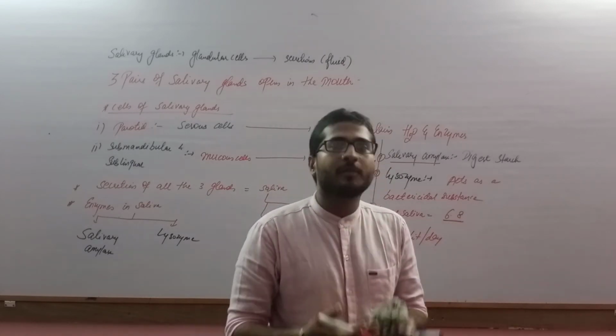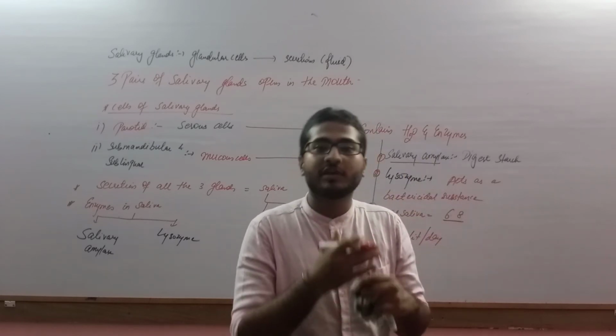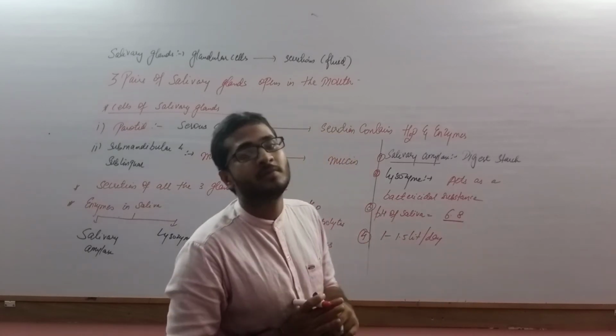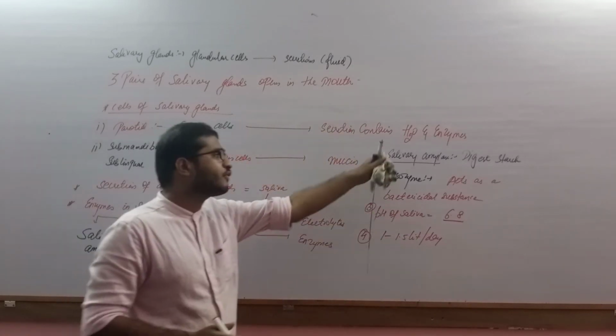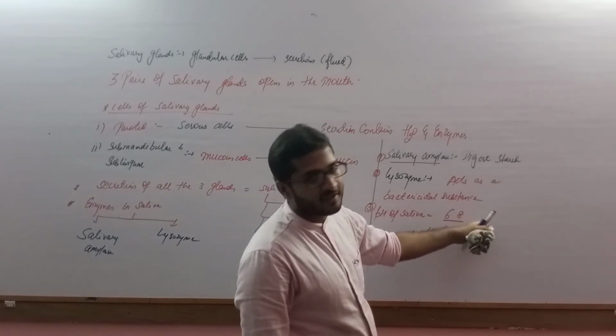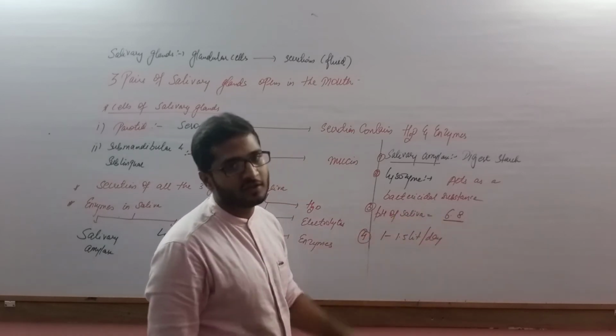Optimum pH means the pH at which salivary amylase's effect is maximum. That means it will initiate the digestion and complete the digestion to its maximum level. That is the meaning of optimum pH. The optimum pH of salivary amylase is 6.8, and that's why pH 6.8 is set as the pH of saliva.